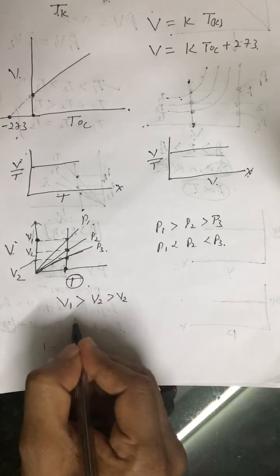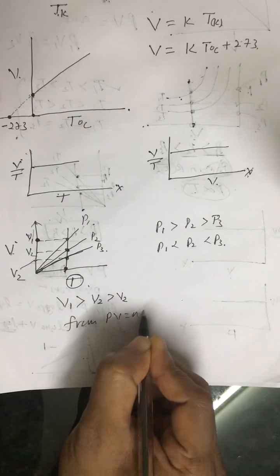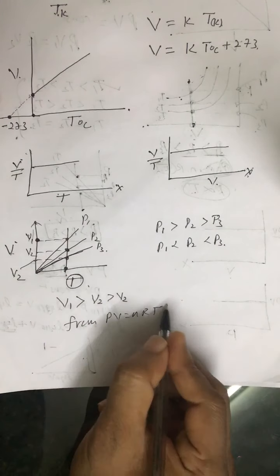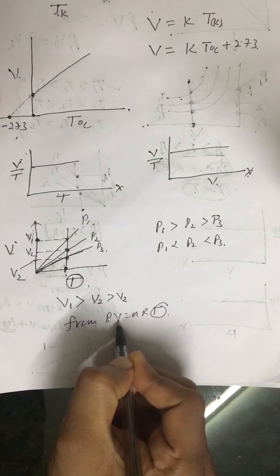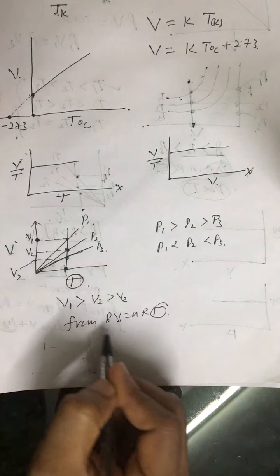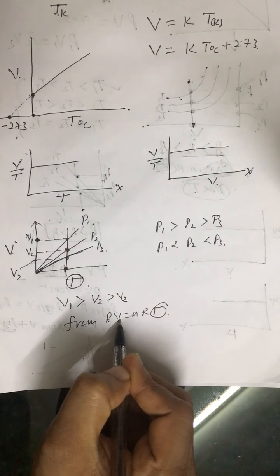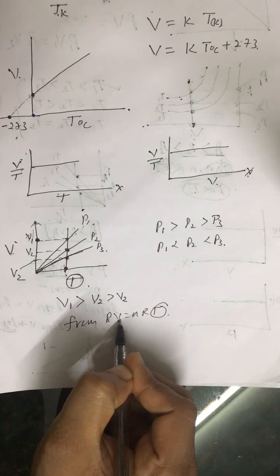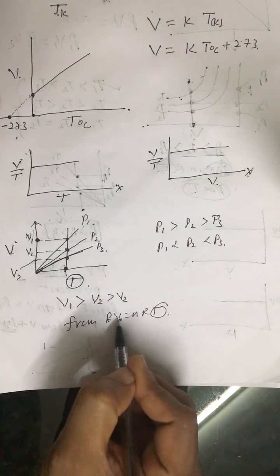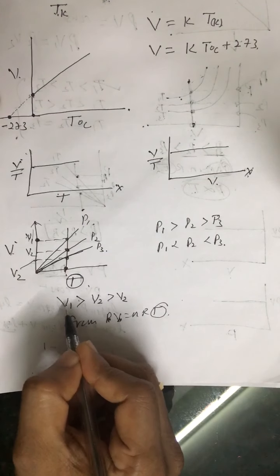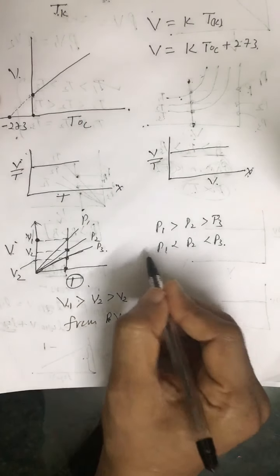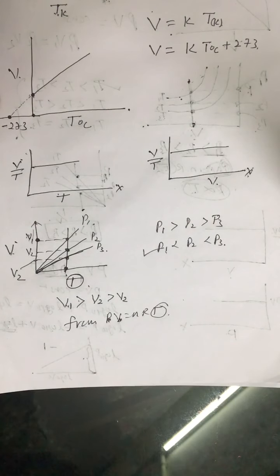From PV equal to nRT, since temperature is constant and the product of pressure and volume is constant, obviously if V1 is highest, P1 will be smallest. P1 is smallest and P3 is largest.